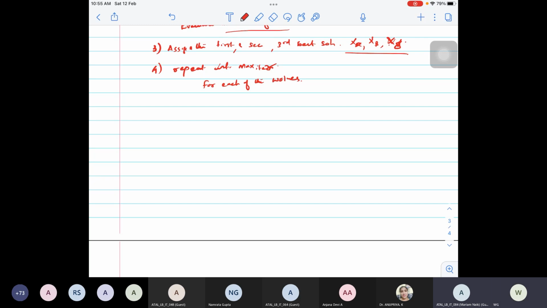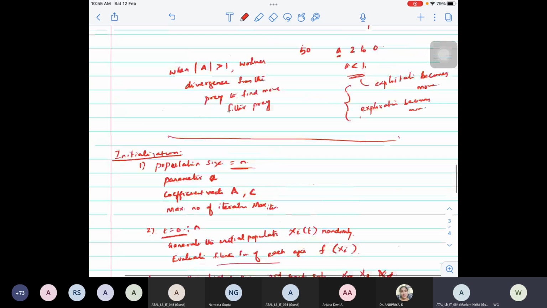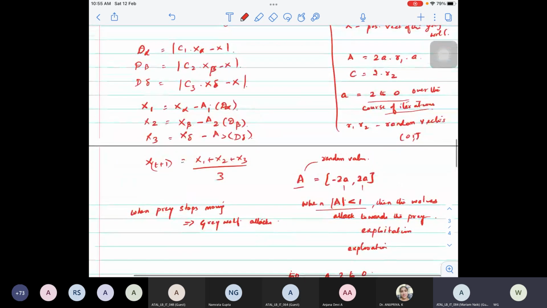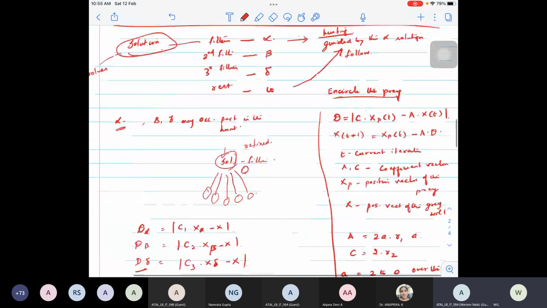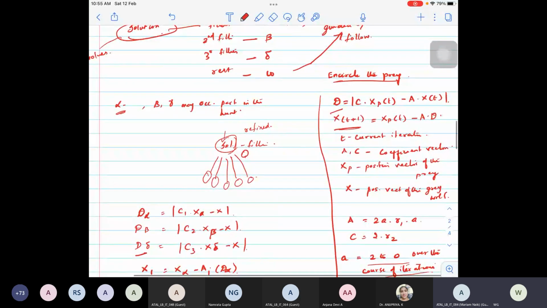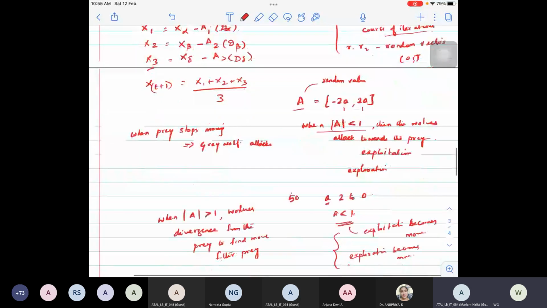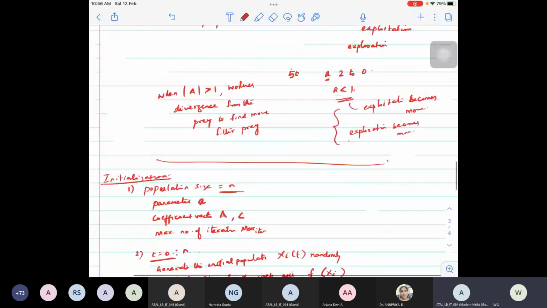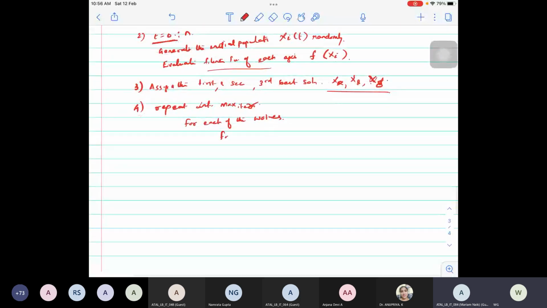We find the behavior of the parameters with respect to D and X, and similarly we also find D and X t plus 1.